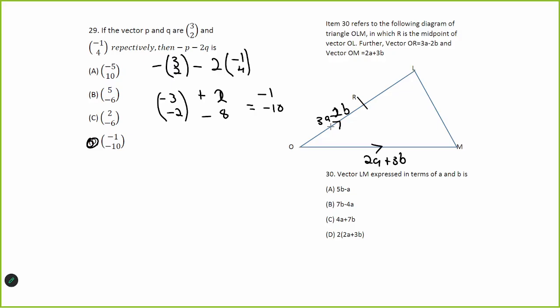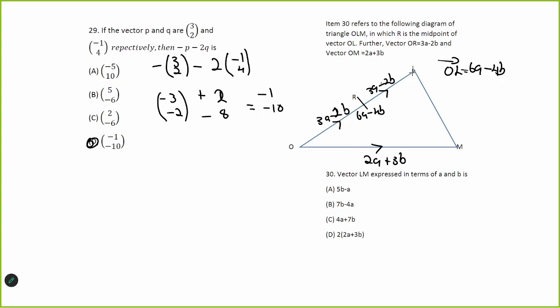So if OR is 3A minus 2B, then RL will also be 3A minus 2B. Therefore, OL would be two sets of this, which is 6A minus 4B. Right? 6A minus 4B. And they want LM.